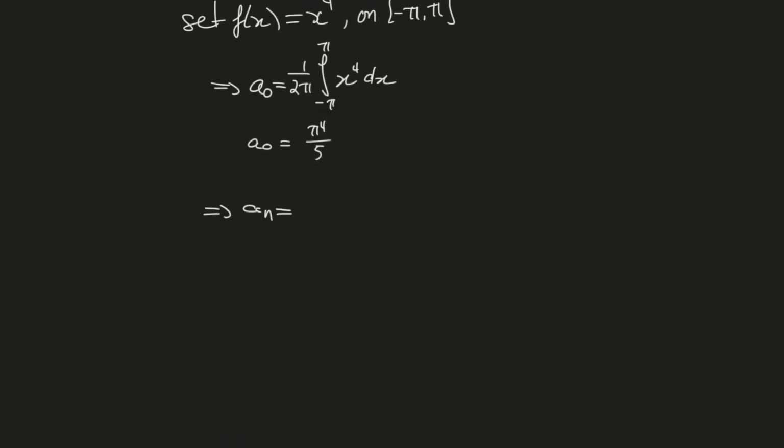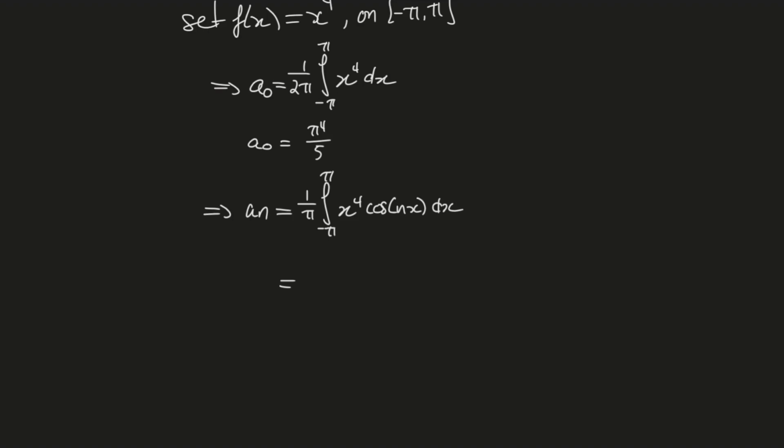Now we can find a sub n. A sub n would be 1 by L, so 1 by pi, times the integral from negative pi to pi of x to the 4th times cosine of n times x dx.